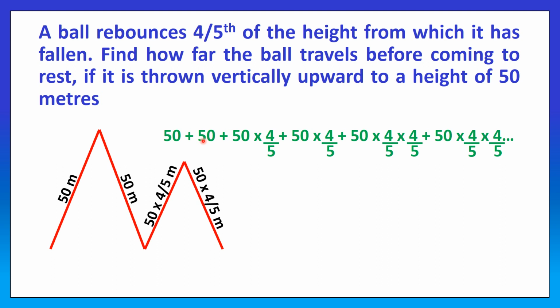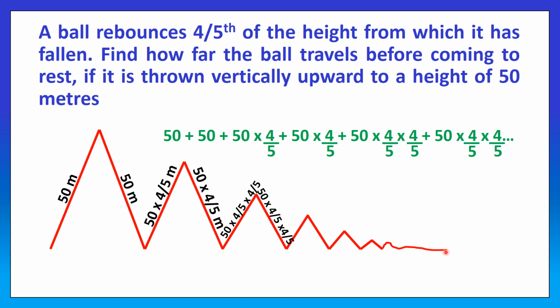Next time again it rebounds 50 into 4 by 5 into 4 by 5 meters. Then it has to come down the same distance. The same thing continues until the ball reaches its resting position. So into 4 by 5 is multiplied all the time the ball rebounds until it comes to the resting position.